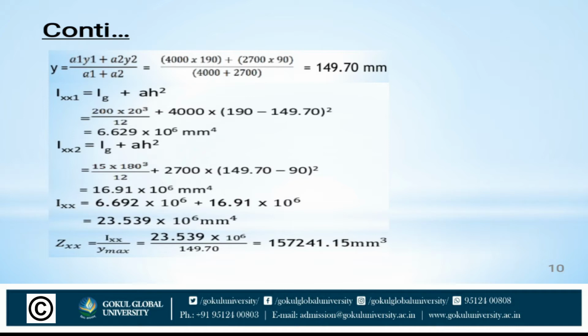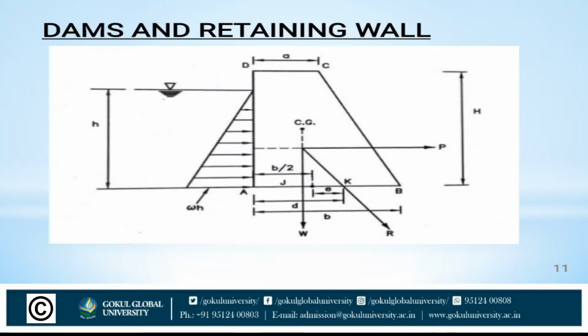So in the example we can identify y bar. After that we can identify Ixx1 is equal to Ig plus A h square, and Ixx2 is equal to Ig plus A h square. Finally we get the total Ixx. So we got the moment of inertia, after that Zxx is equal to Ixx upon y max. So we can identify the Zxx.